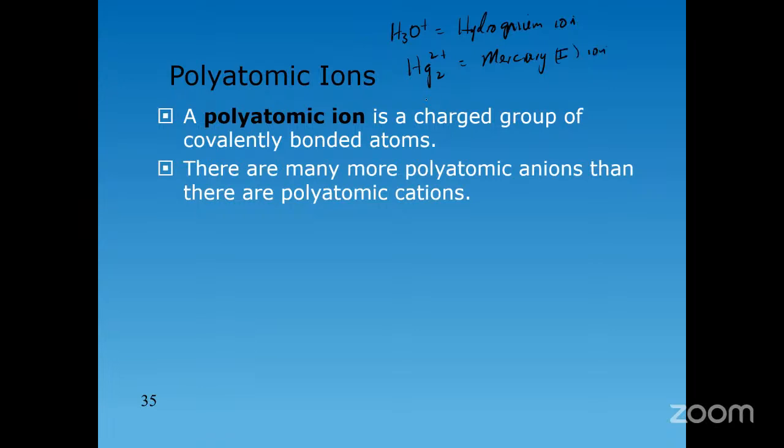And then the last one is NH4+, which is the ammonium ion. All right, so these are the only 3 polyatomic cations that you will encounter at this level.